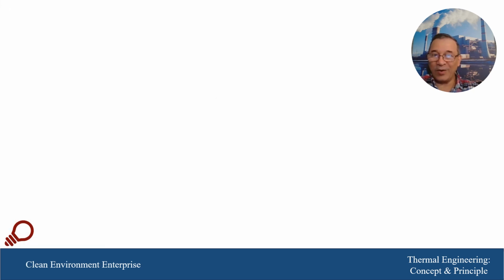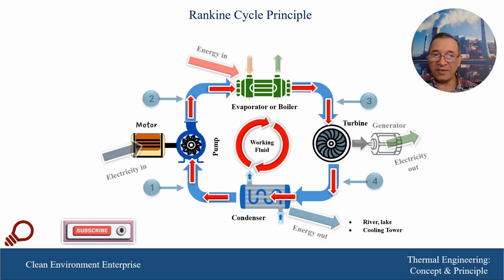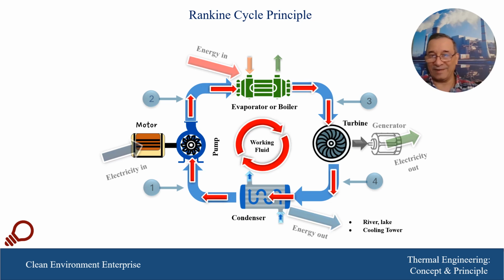The point which should be known for engineers and for the public, of course, is how can we extract this energy and convert it to electricity. And maybe the fundamental cycle for it is called the Rankine cycle.